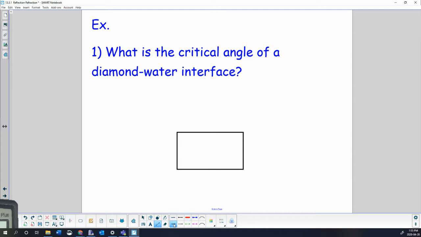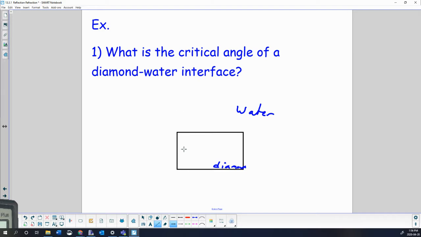And light were to travel from the water, so we'll make the water on the outside and the diamond on the inside. So out here is water, inside here is the diamond. And so we picture this light traveling again. It's got to go from the slower medium to a faster medium.